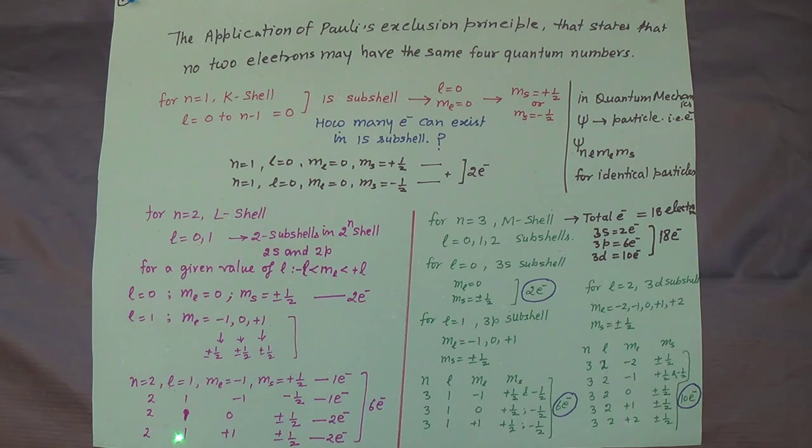Fifth electron 2, 1, +1, +1/2. Sixth electron 2, 1, +1, -1/2. So by this way, if you add all these four quantum numbers that represent the individual electrons, there will be a total of 6 electrons.